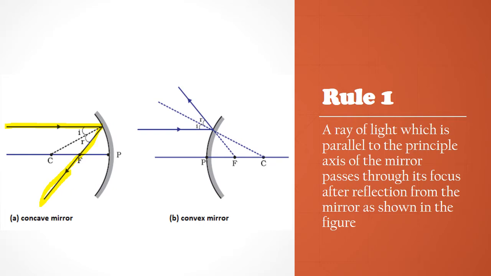Now the similar case is for your convex mirror. This is your convex mirror. The convex mirror has a focus F. It has a center of curvature C. Now consider a light moving parallel to the principal axis. This line is your principal axis.